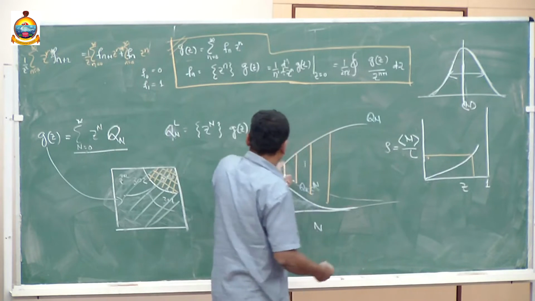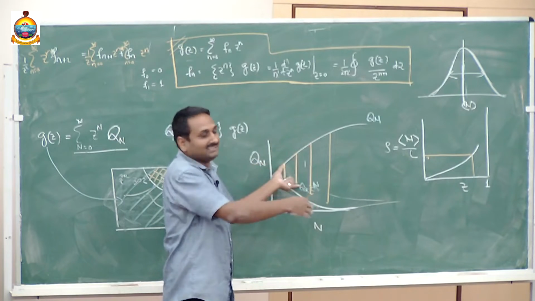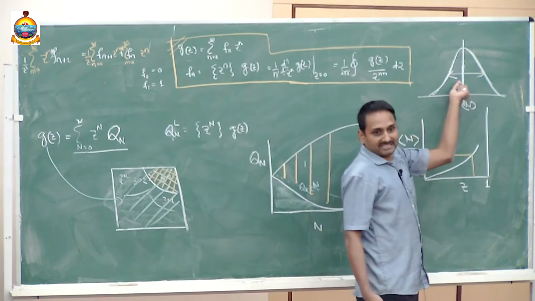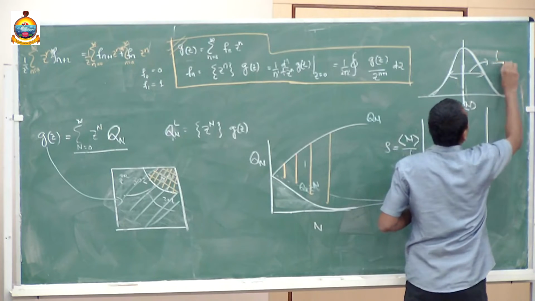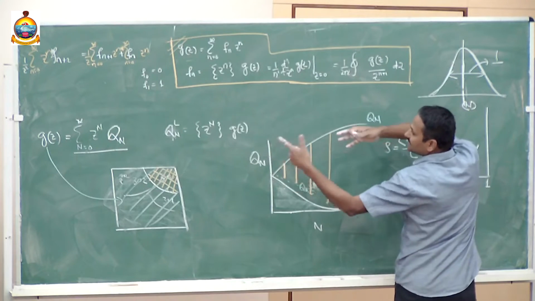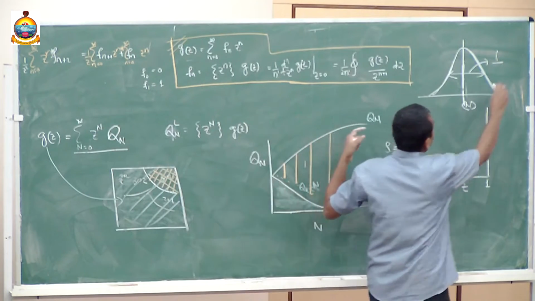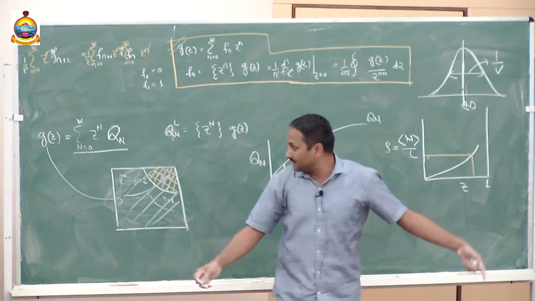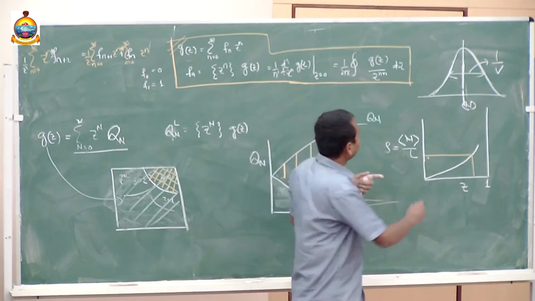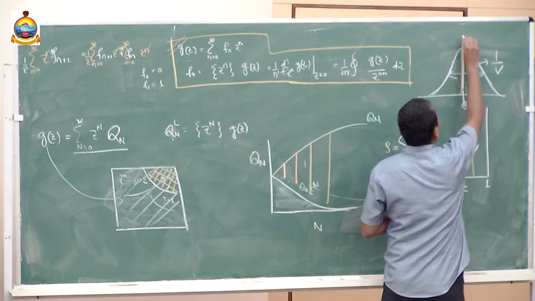Okay, so if the system is large, this will become very thin and the width becomes very small. This width is proportional to 1 by square root of the volume of the system you are working with. So when the volume goes to infinity, this curve actually becomes like that.